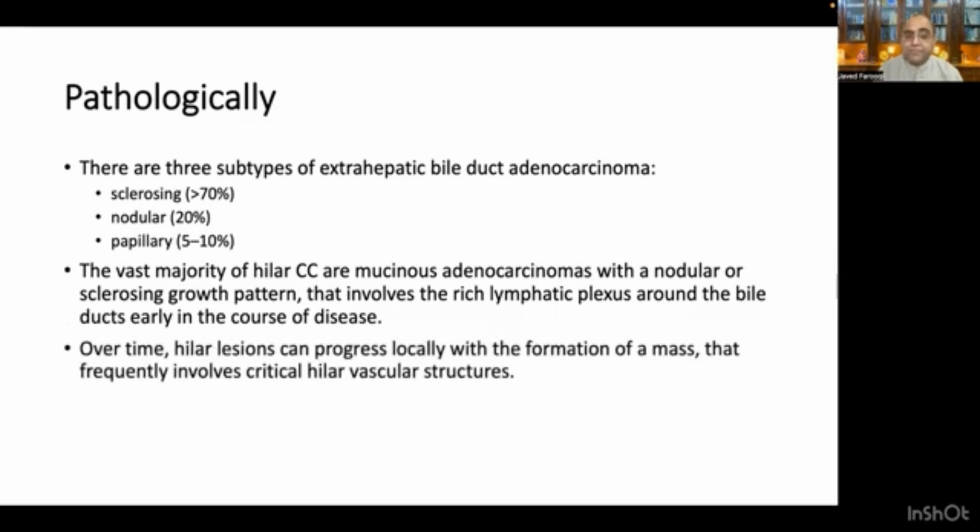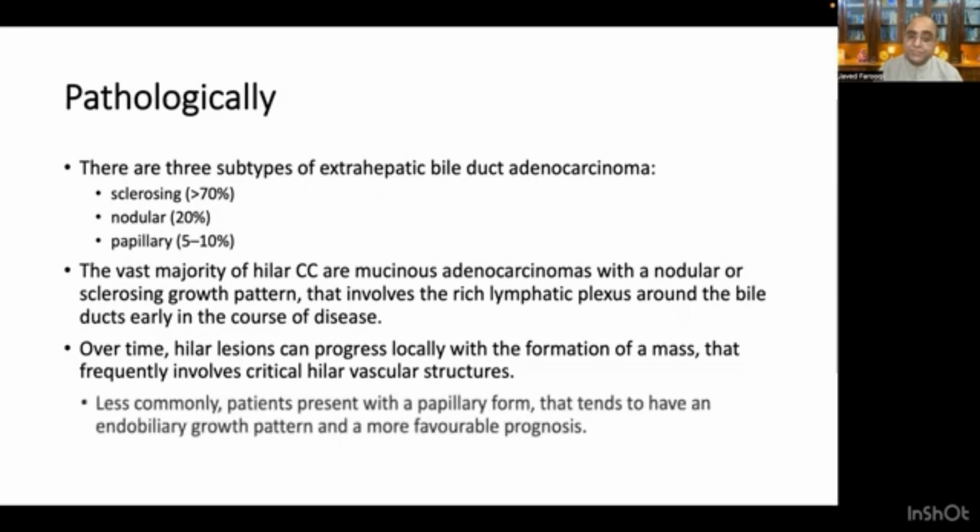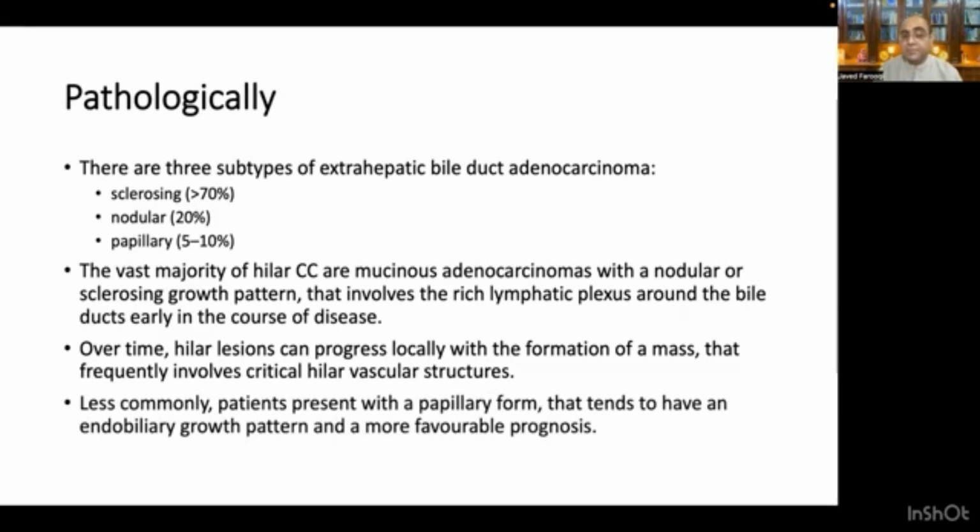Over time, hilar lesions can progress locally with the formation of a mass that frequently involves critical hilar vascular structures. Less commonly, patients present with a papillary form that tends to have an endobiliary growth pattern and a more favorable prognosis.